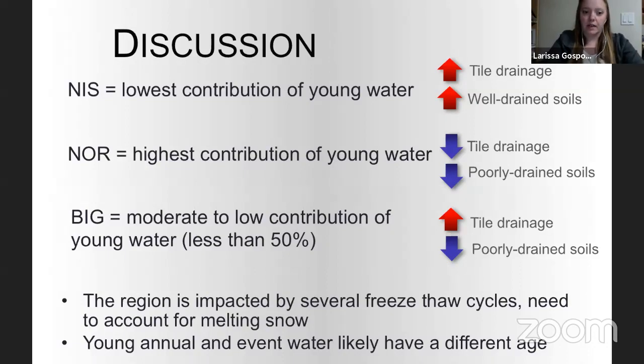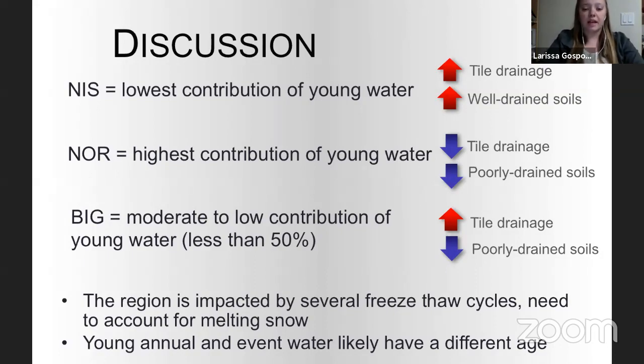What's interesting is Big Creek also had high amounts of tile drainage and still had a low to moderate contribution of young water, but also had poorly drained soils. So we saw that as the tile drainage and the soils became more well drained, we actually saw lower contributions of young water.